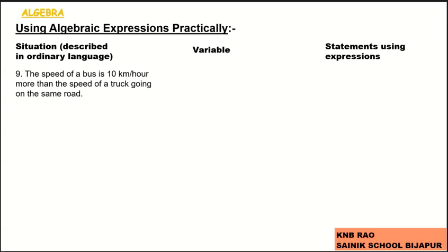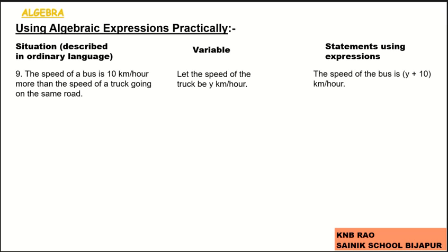Assuming that, let the speed of the truck be y km per hour. Now the speed of the bus will be y plus 10 km per hour. So with this, I have given enough examples where we practically use algebraic expressions.